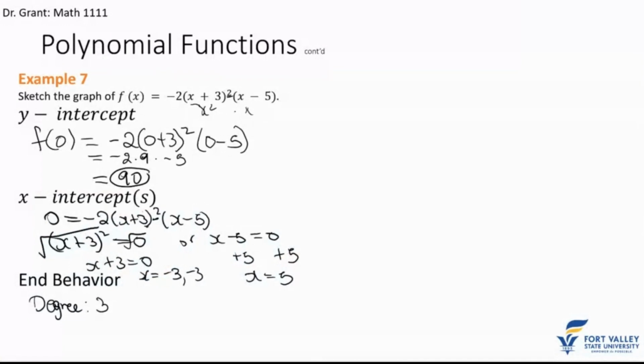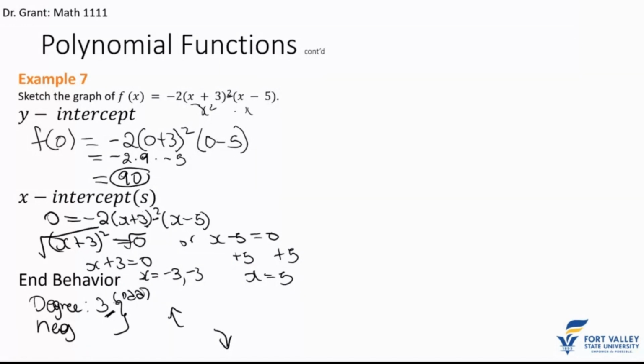My coefficient is actually going to be negative. So with the odd degree and a negative coefficient, that means my left side is up and my right side is down.